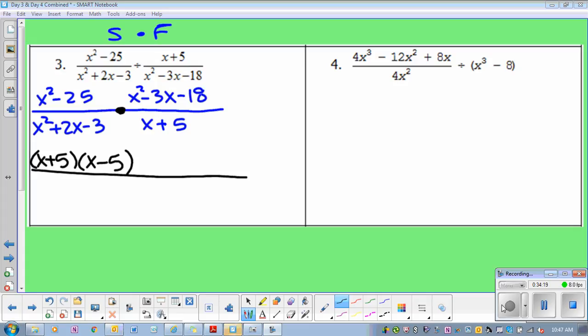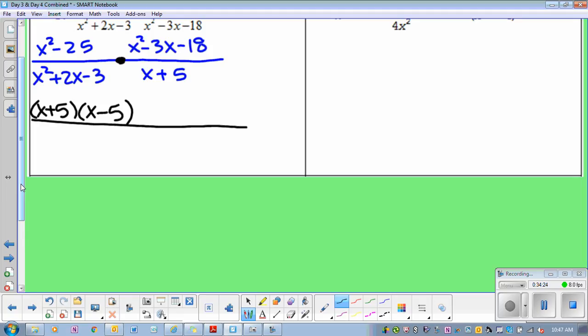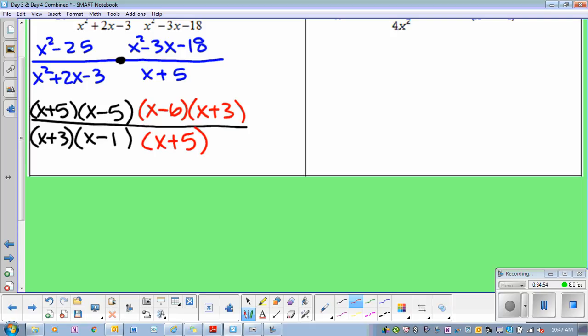Okay, so now I'm going to give the AM right below it. x plus 3, x minus 1 for that one. And then up top, x minus 6, x plus 3. And then down at the bottom is just x plus 5.